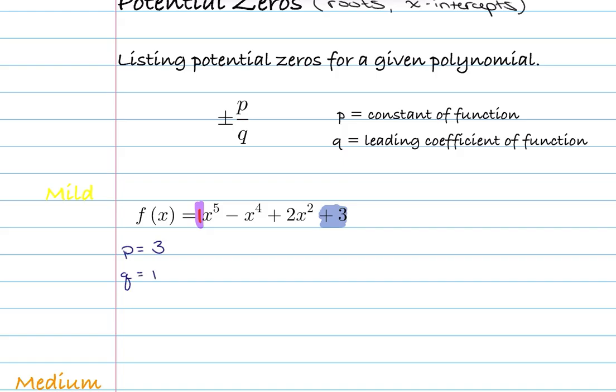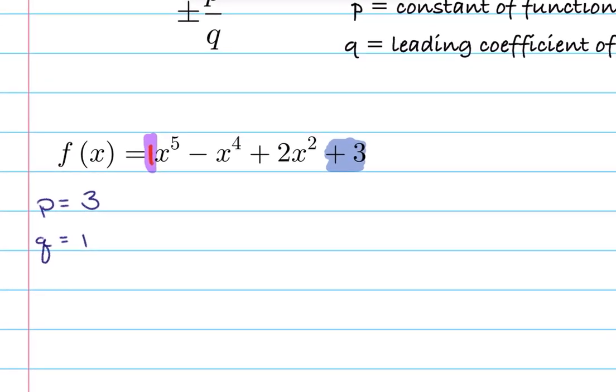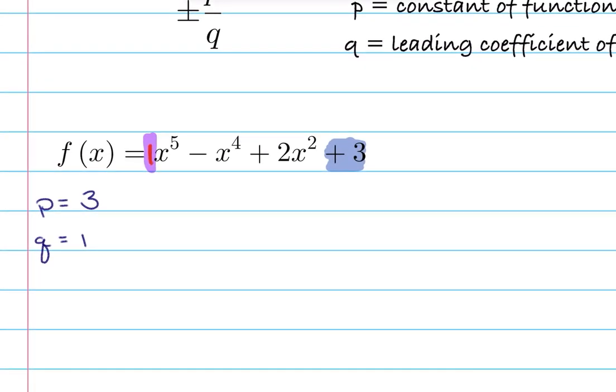What we're going to do to find all of our potential zeros is list out all of the factors of 3, our P, and list out all the factors of our Q. So the factors of 3 are going to be 1 and 3. Those are the only two numbers that go into 3 equally. And then for Q, the only factor I have is 1.